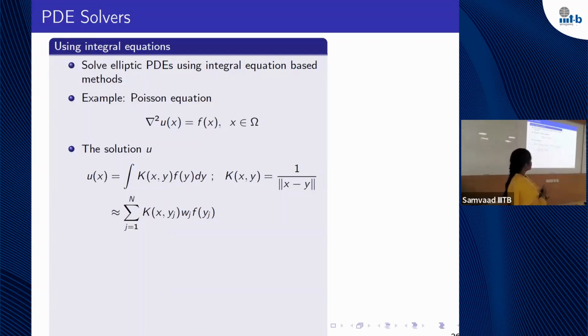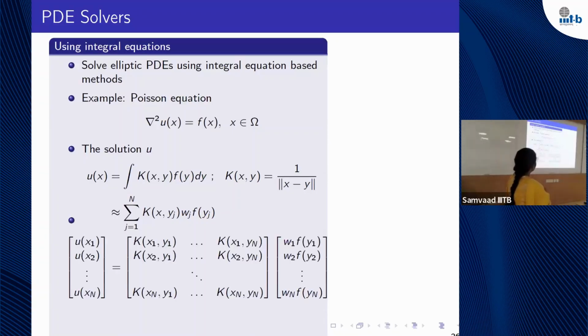Even this function obeys whatever we have discussed till now. That is, if you construct a matrix out of this function, the matrix can be approximated using the hierarchical matrix structure. Why? Because this is a decaying function, and as you go away from x equal to y, away from the singularity, the function is very smooth and decays. So therefore, this function can also be represented using a rank R approximation. And when I discretize this integral, I have a summation over j equal to 1 to n of this term.